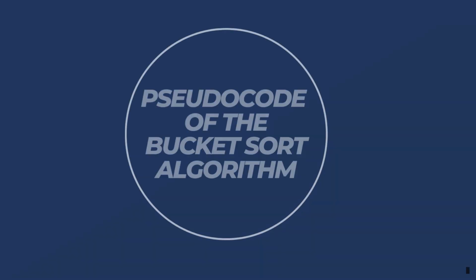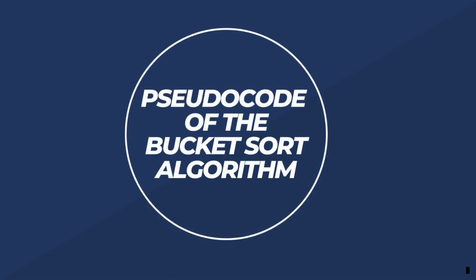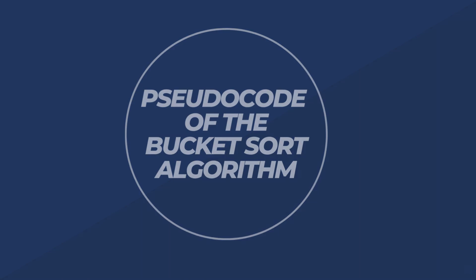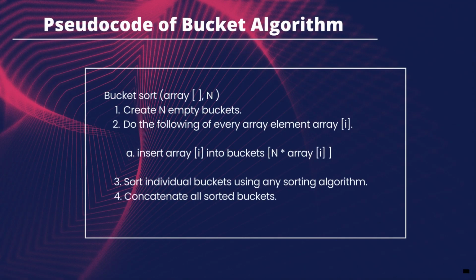A pseudocode is an informal programming description that does not require any strict programming language syntax. Similarly, we will understand it effortlessly. So, in the pseudocode, first, we will create n empty buckets.